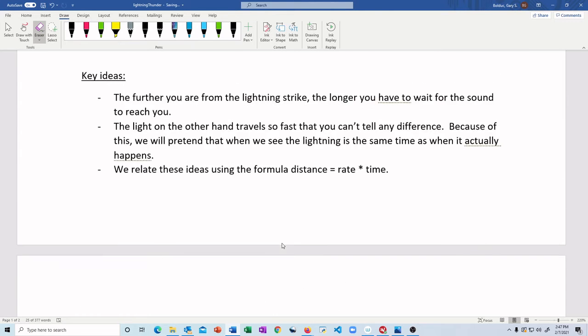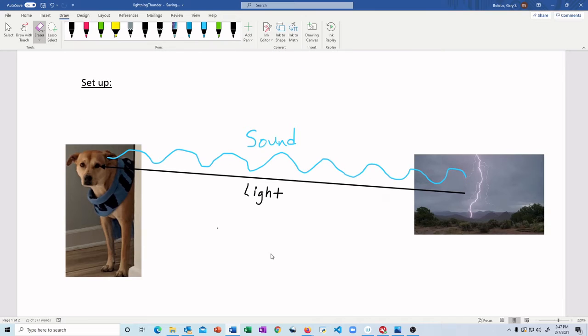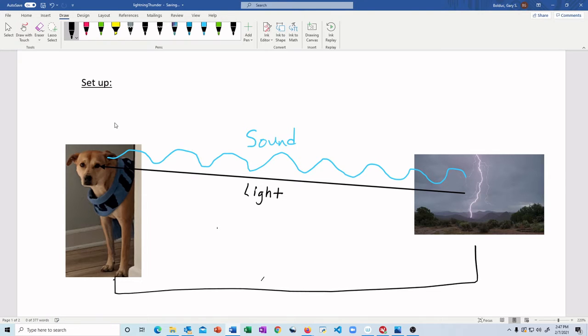And so here, when I'm saying distance, I specifically am talking about the distance from you to the lightning bolt. This is the distance. This is what we want to know.